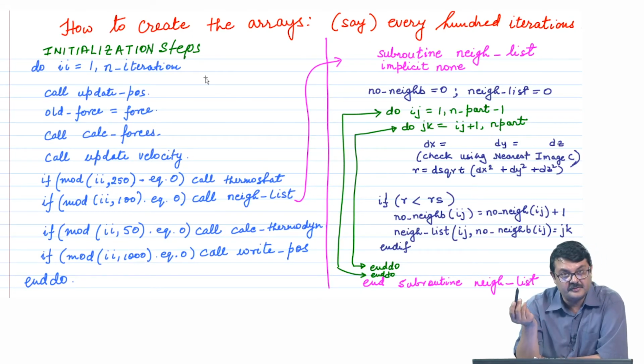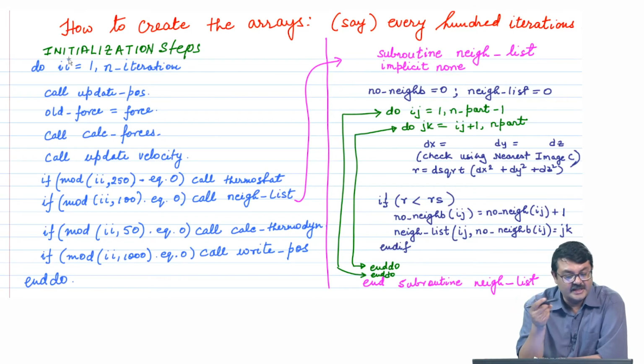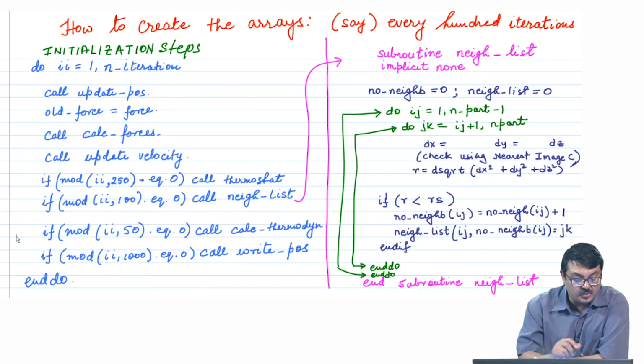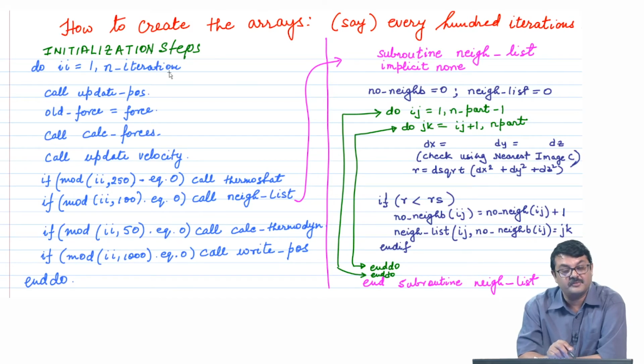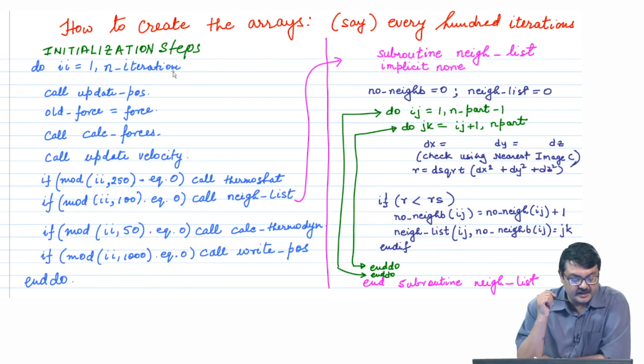So, when you have your molecular dynamics code, at the beginning of course, you have your initialization, you define all the variables, and then initialize position, initialize velocity, calc force, and this is the main body of the code, where you basically do I, being a dummy variable, equal to 1 to number of iterations, which depends on how long you want to run the code, which in turn depends upon what quantity you are calculating.